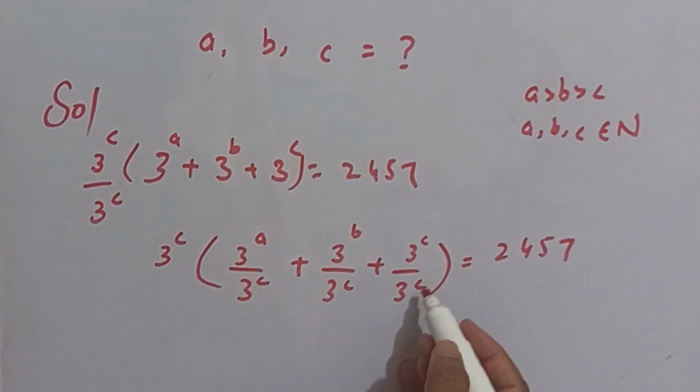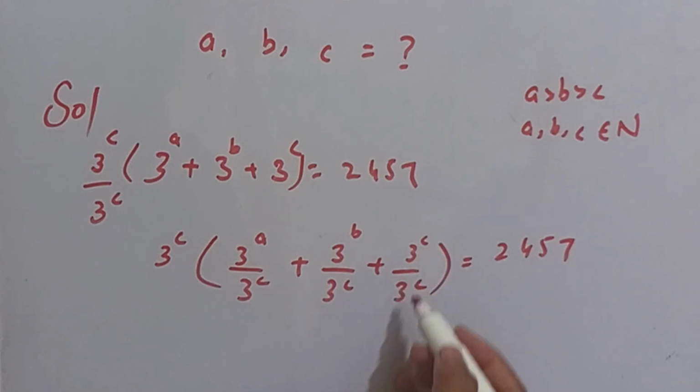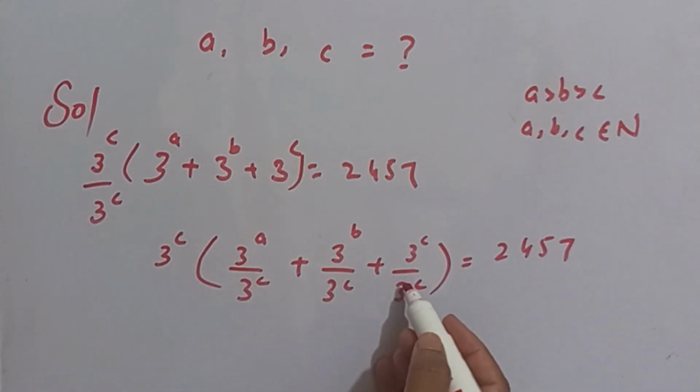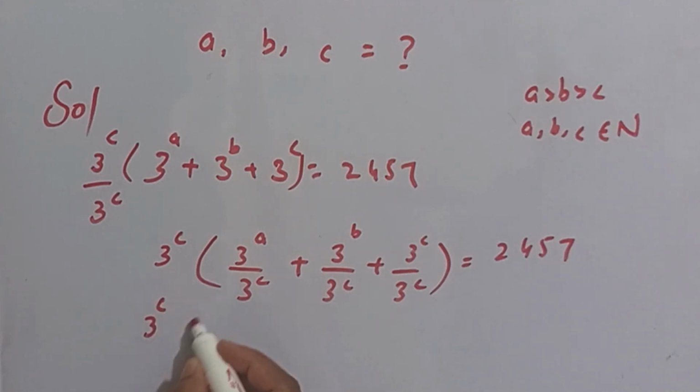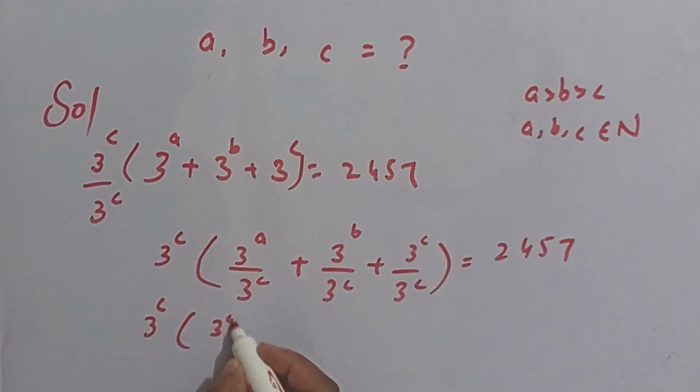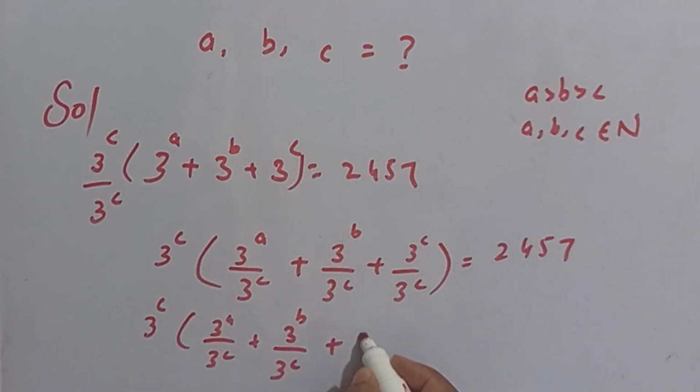Now in the next step, this 3^c and 3^c cancel, so here we just get 1. Copy the remaining value: 3^c multiplied by (3^a over 3^c + 3^b over 3^c + 1) is equal to 2457.